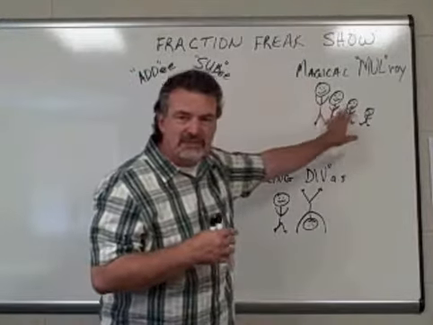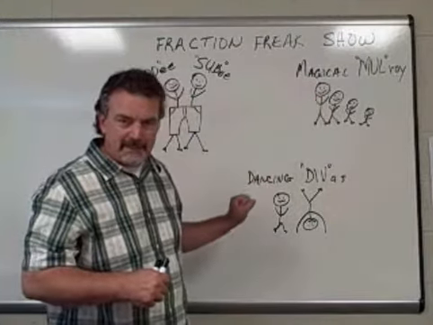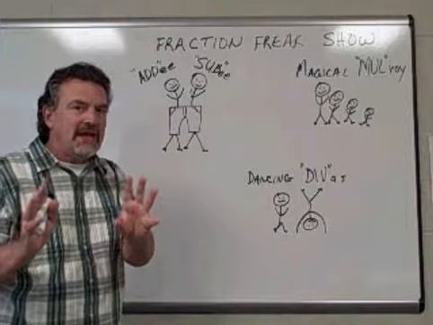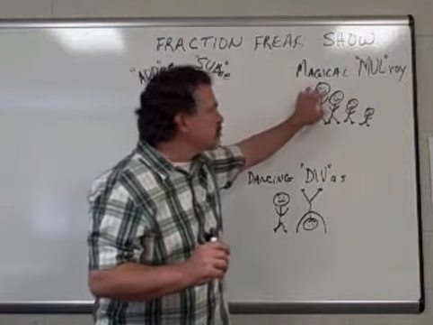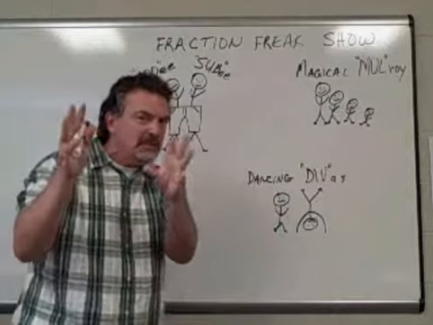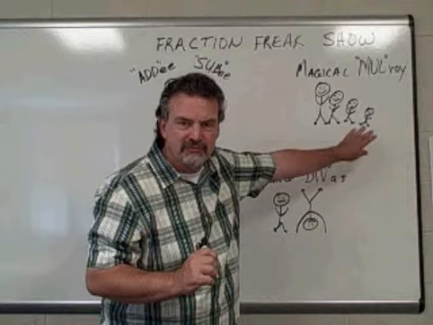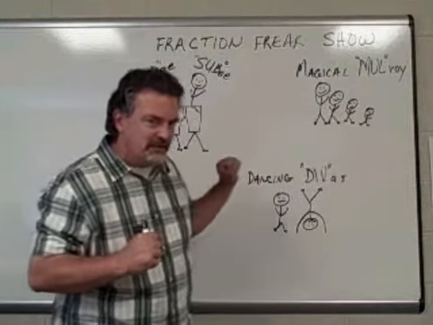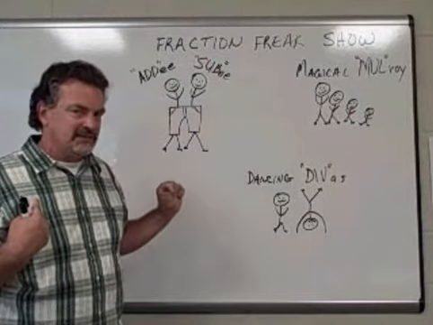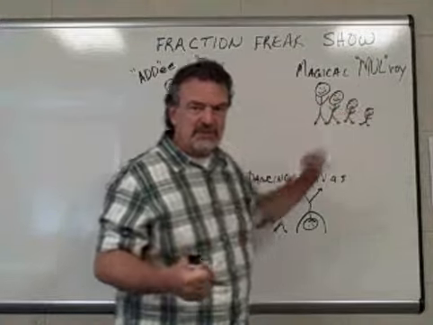Now, the next thing we see at the fraction freak show is the magical Mulroy. And the magical Mulroy has the ability to shrink himself before your very eyes. He will mystify you with his ability to reduce himself right before your very eyes. Well, what does that tell us about fractions? Magical Mulroy, that's multiplication.